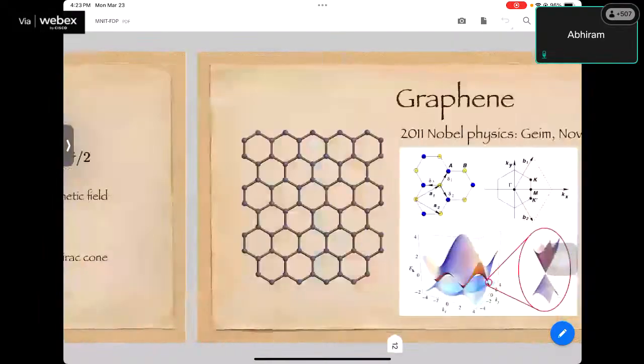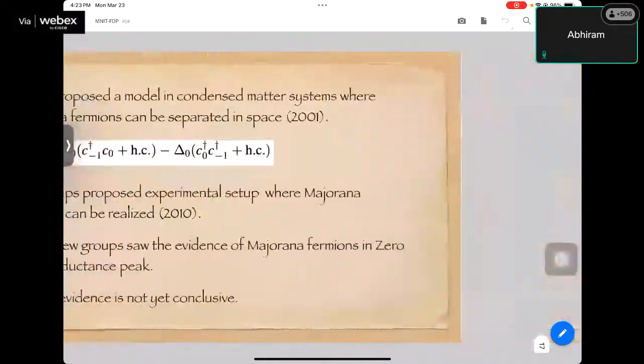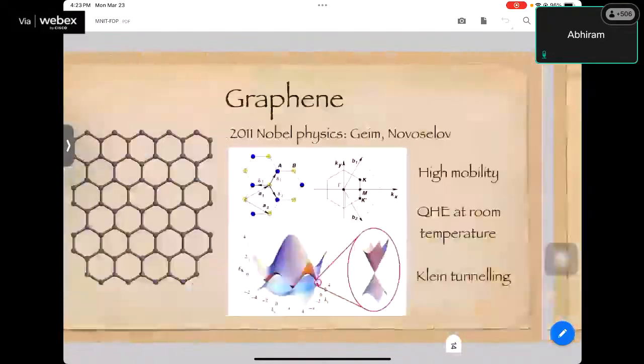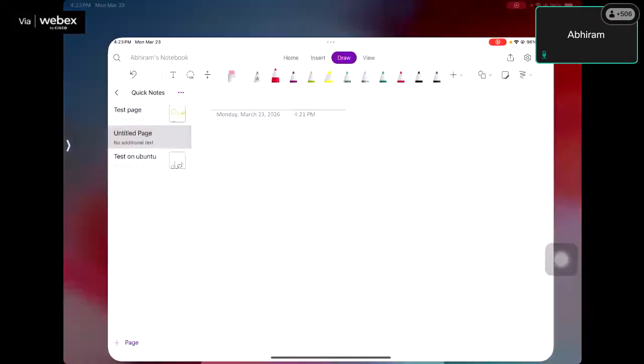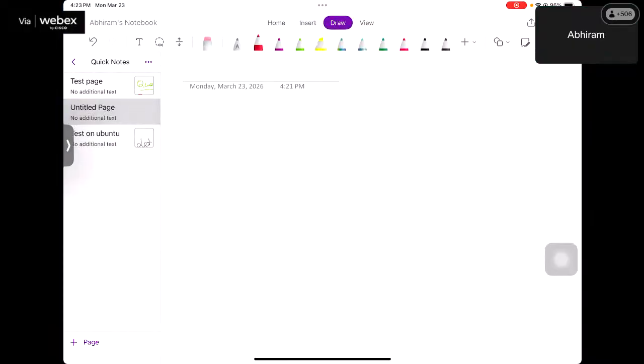I had some slides on topology. Let me see. No, it's not there. Okay, I'll tell you with this. I told you about quantum Hall effect.